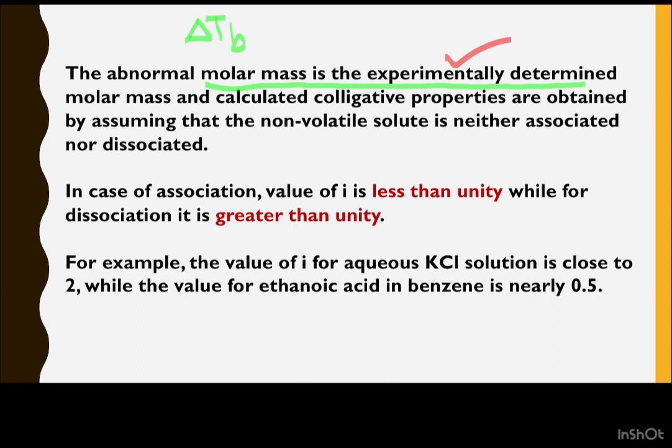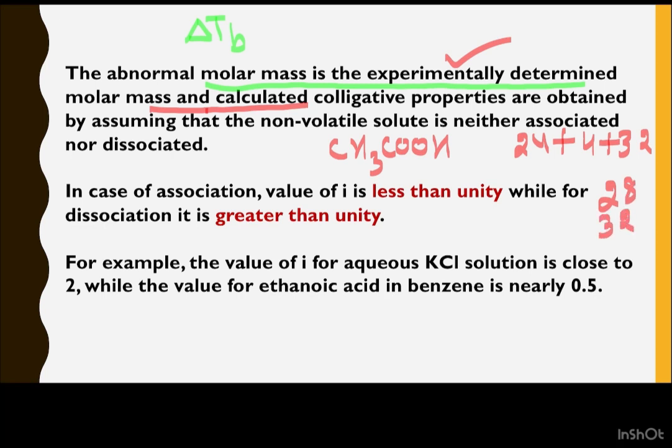The calculated value of mass is the value that we expect: if I have CH3COOH, I have 2 carbons, so 12 into 2, 24, plus 4 hydrogens, 4, plus 2 oxygens, so 16 into 2, 32. So 28 and 32, 60 grams. This is what I expect as per the formula, so this will be the normal value. But when I do the calculation, the experimentally found value will be abnormal if there is association or dissociation.